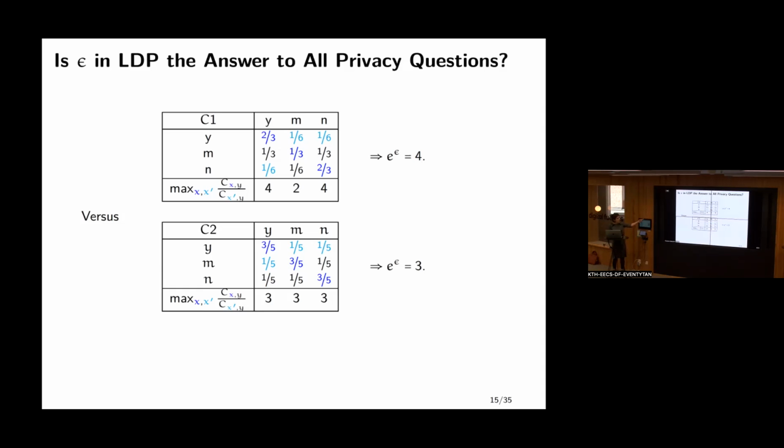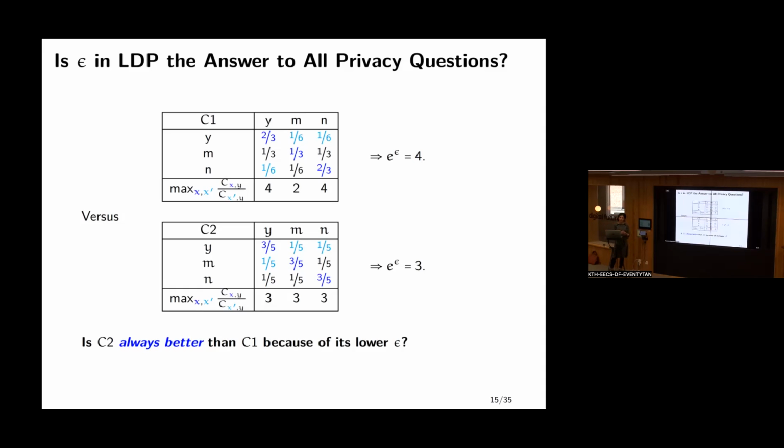For channel 2, the maximum ratio between the maximum and minimum in each column is 3. Therefore, channel 2 has a value of e to the epsilon equal to 3 versus channel 1, which has a value of 4.